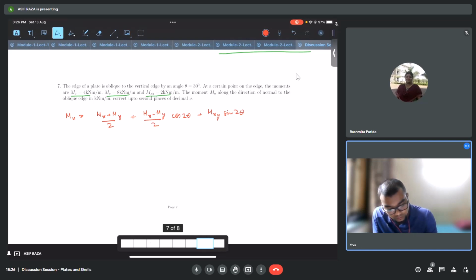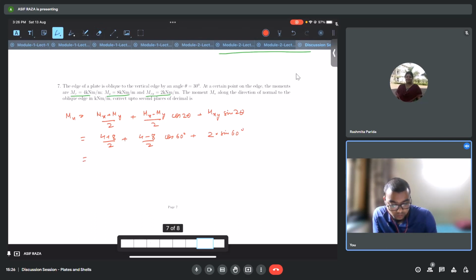So substituting the values, we'll get (4 plus 8) by 2, (4 minus 8) by 2. This would give me cos 60 degree, and this is sin 60 degree. So mxy value is 2.